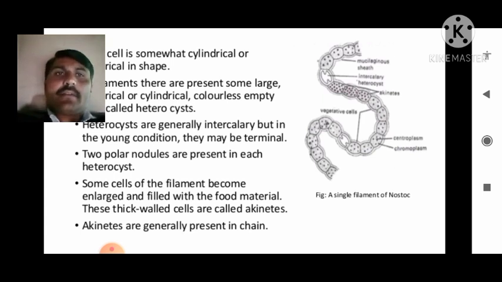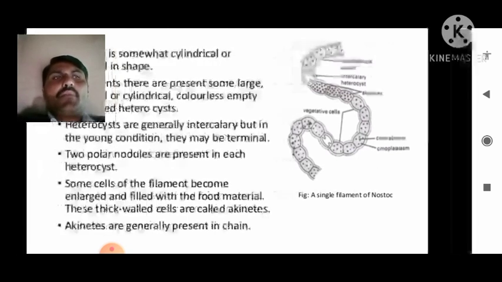This enlarged cell has a thick cell wall, and such cells are known as akinetes. Akinetes are generally present in a chain. They may be one, two, and many more.